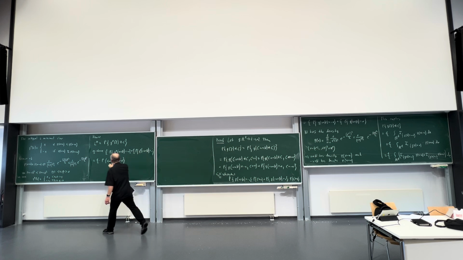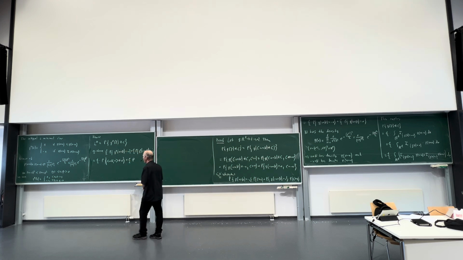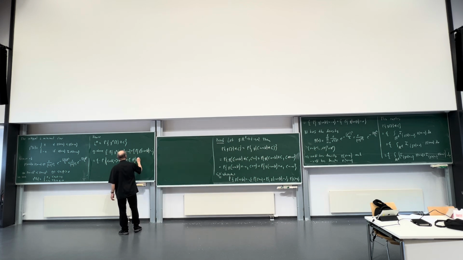That's our first probability. And the second is just the scalar product of, here it should be 1, of minus u plus n, and u must be greater 0.